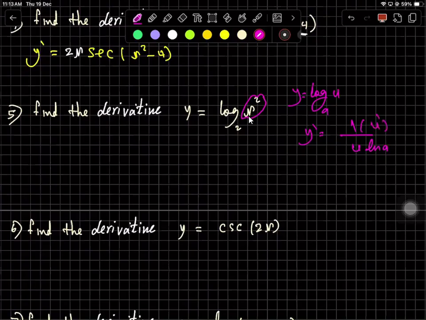So apply this rule here. So y prime is 1 over the argument, which is x squared, multiplied by ln 2, multiplied by the derivative of this argument, which is 2x. Then simplify it to the simplest form, so it will be 2 over x ln 2.